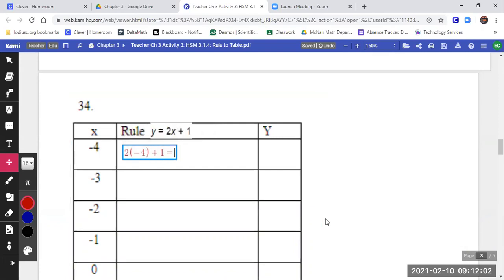So what is 2 times -4? What is 2 times -4?